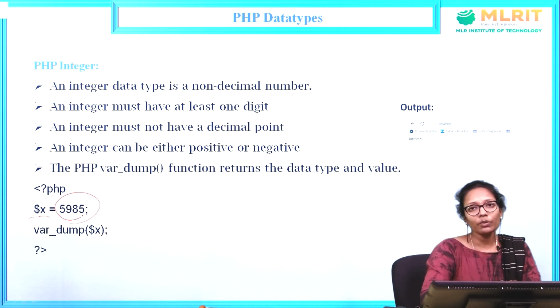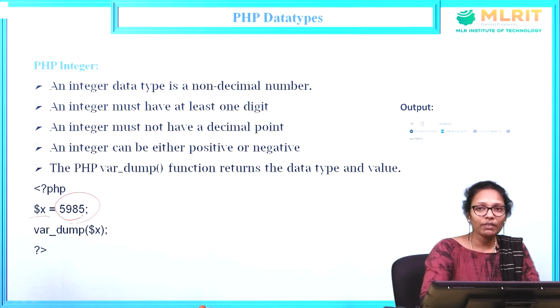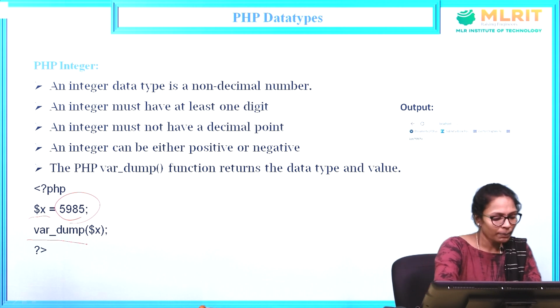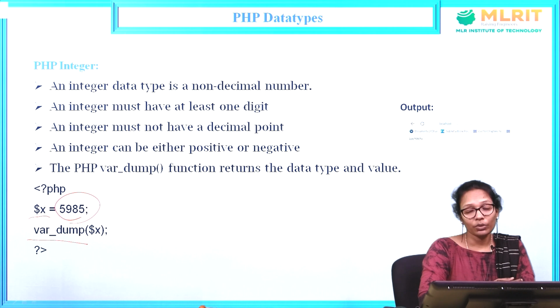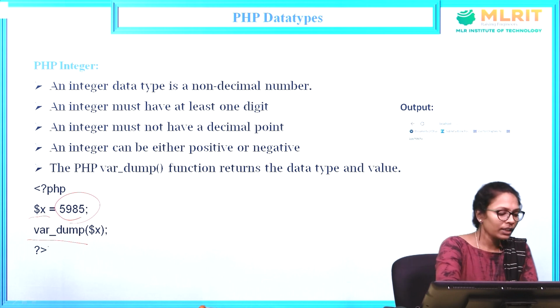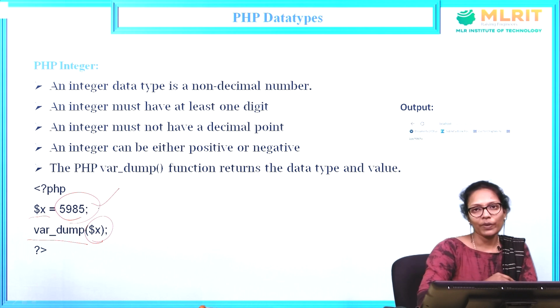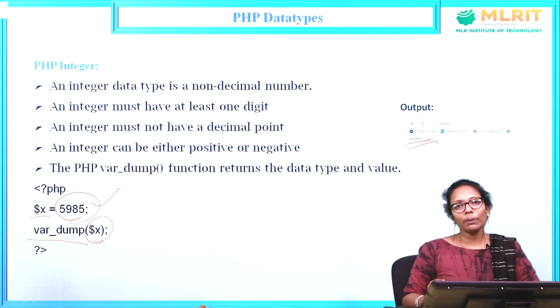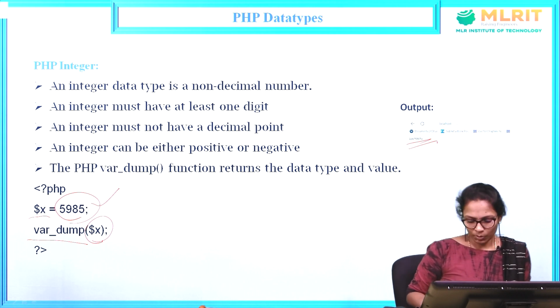Till now you have been using the echo or print function to display values, but here we have another function, var_dump, which is used to print the data type also. Along with the value, it will display the data type of that particular data. So var_dump of $x shows it is an integer and the value is 5985. This is the output I will get here. Like that, you can apply the same function for different data types also.